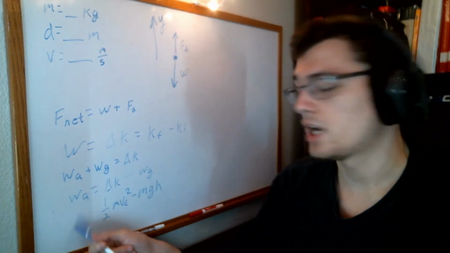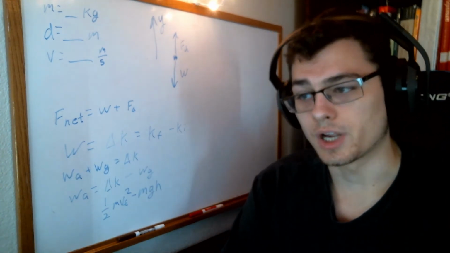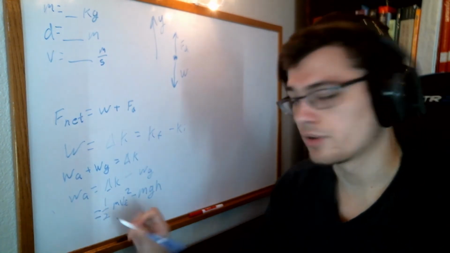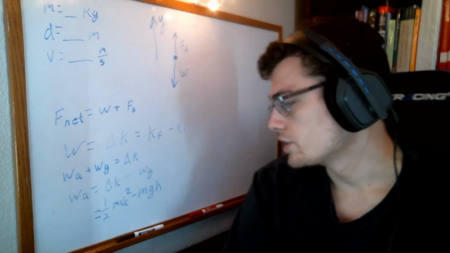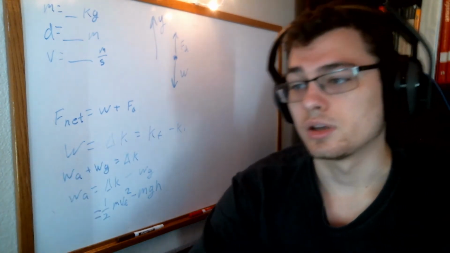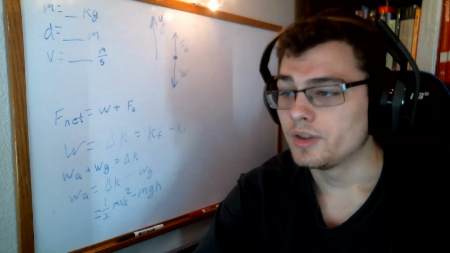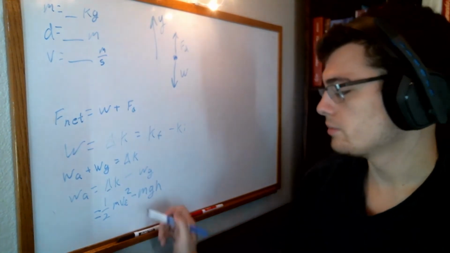We don't even have to use an equation for work due to drag force, because by using the work energy theorem and the work done by gravity, we have solved for it. Now all we have to do is plug in our numbers here.